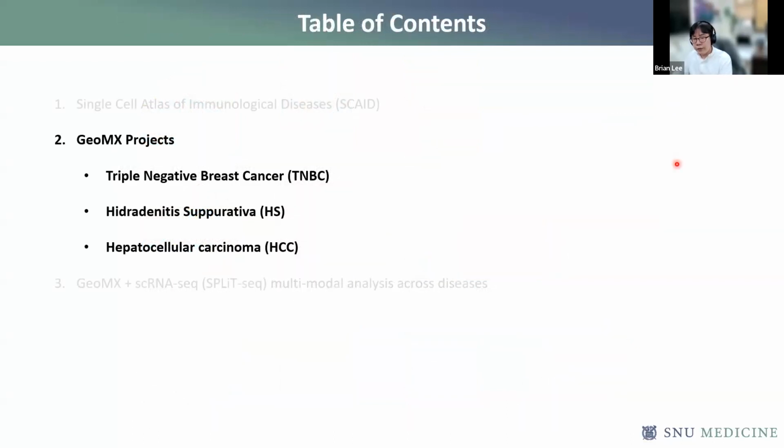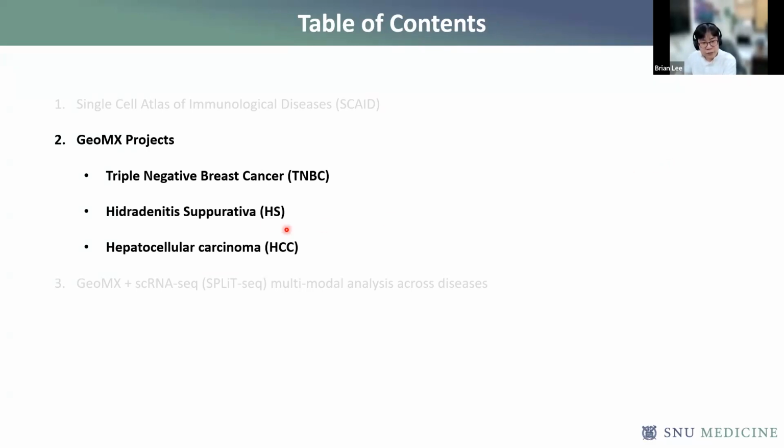And so with that project, because of the real importance of that spatial aspect with GeoMx, we wanted to first do single disease targeting using GeoMx. And so I'm first going to talk about a few different GeoMx experiments and projects that we've done or that are ongoing.